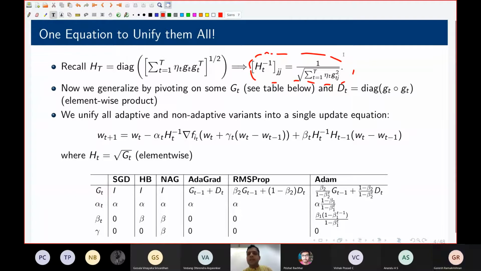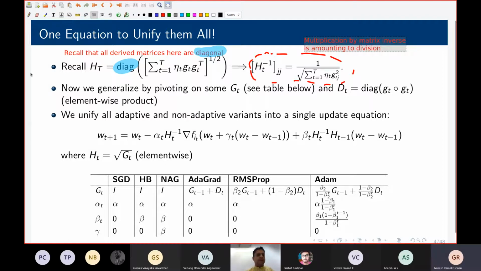Multiplication by a matrix inverse amounts to division, and the square of the matrix is basically the square of each entry, because we are dealing with a diagonal matrix.